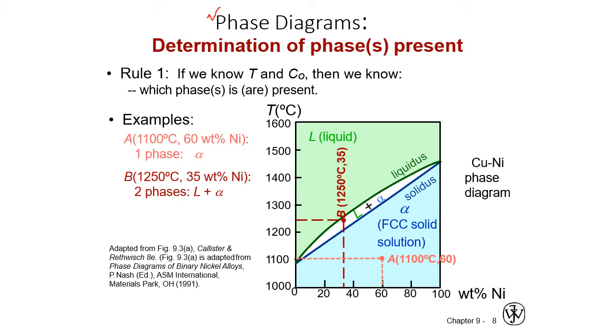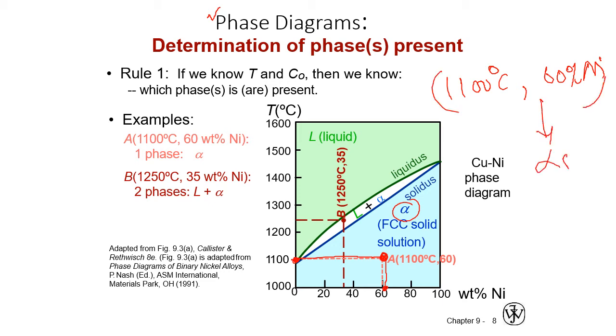For example, if you are given a temperature of 1100 degrees centigrade and 60% weight nickel, then on the y-axis there is 1100 and on the x-axis is 60. If you look at this point on the graph, you will see that it lies in the alpha solid region. So you can say that at this instant there is only alpha solid, right?